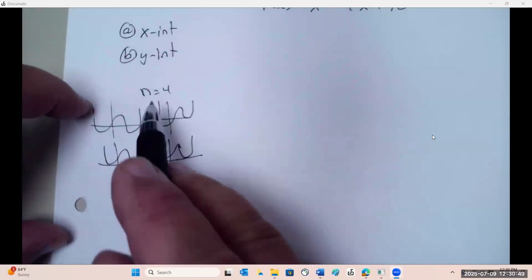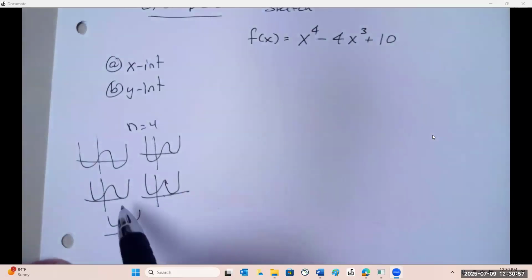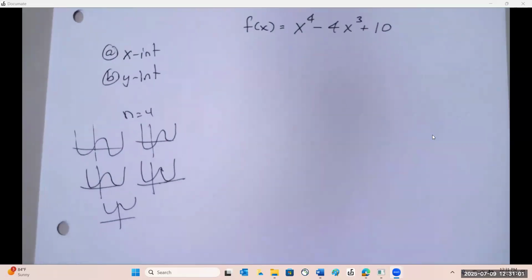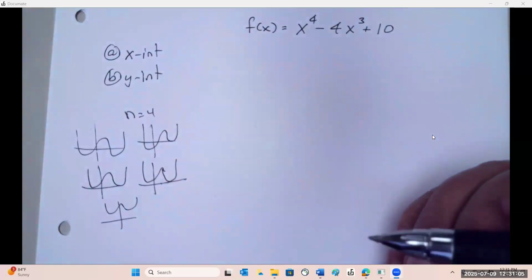If it's odd, then you have to have at least one solution. Even degrees can have no solutions because both ends go the same direction. But we do know it opens up because of the leading coefficient.